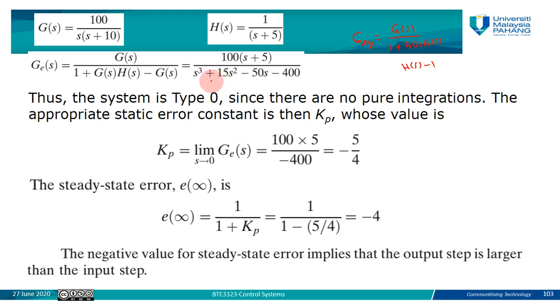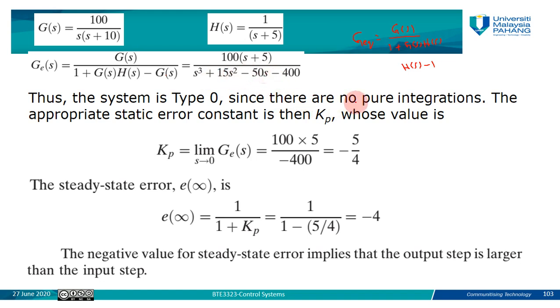And for the unity feedback, what we can see here is that the system is type 0, because we do not have any s in the denominator of our transfer function. We cannot factor out s here because we still have 400, so there is no s common between all the polynomials.